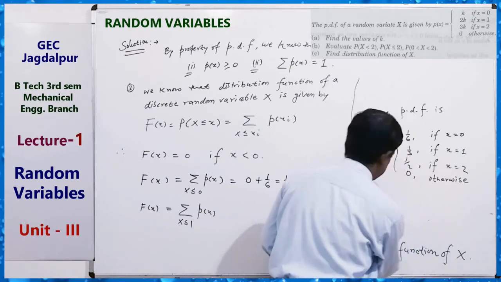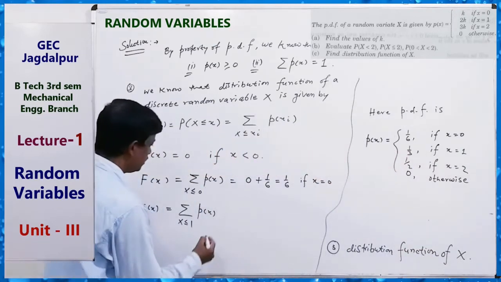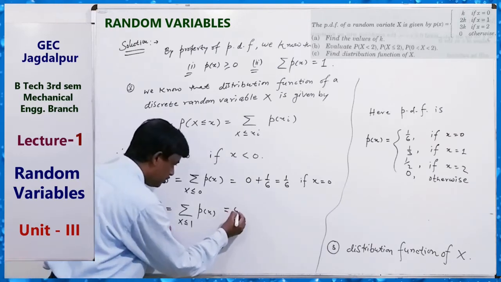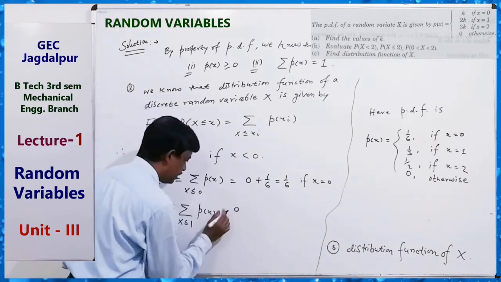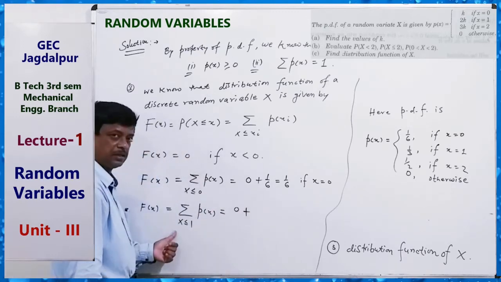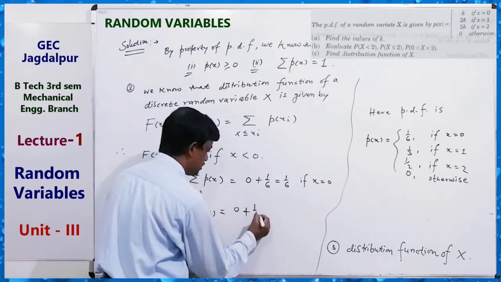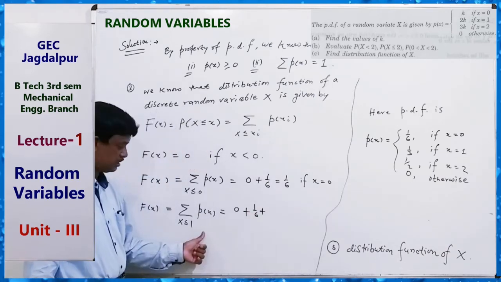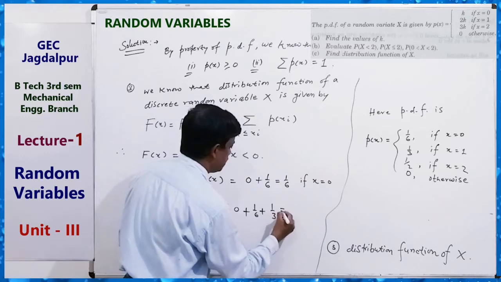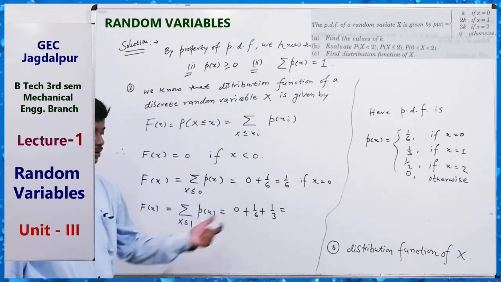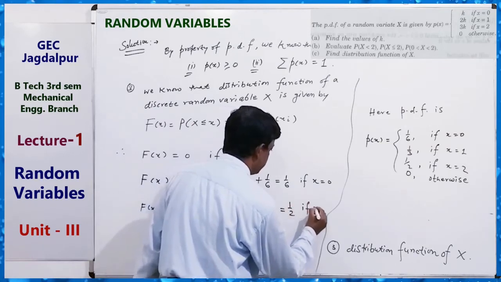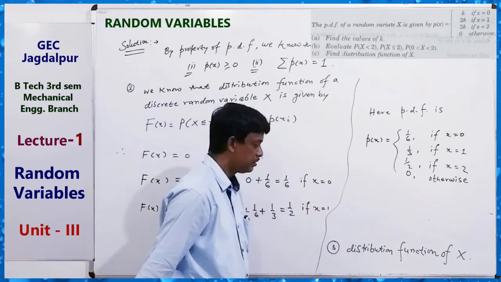So this equals what? The less than 0 part means 0, plus at 0 means 1/6, plus at 1 means 1/3. What? 1/2. 1/2 if x equals 1. Clear?